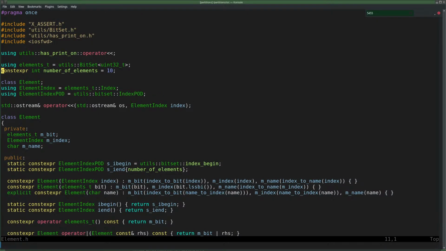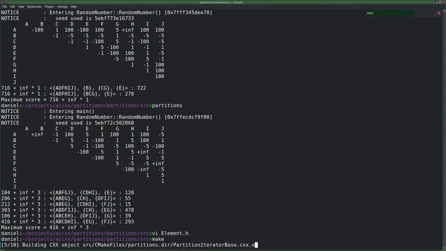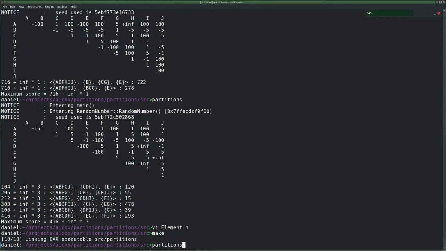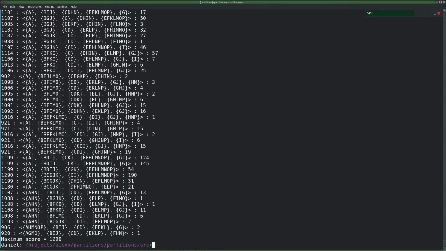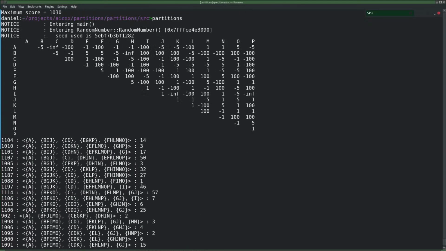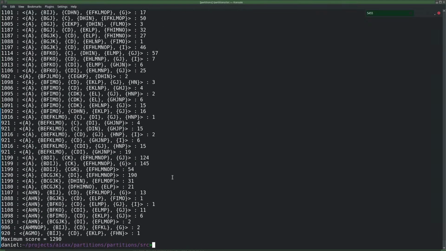Still super fast. Let's add more. I'm gonna go to 16. Still very fast. So now you see a lot of local maxima that are only reached, by coincidence, from a single generated partition.